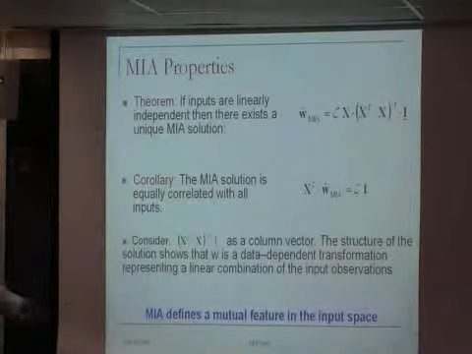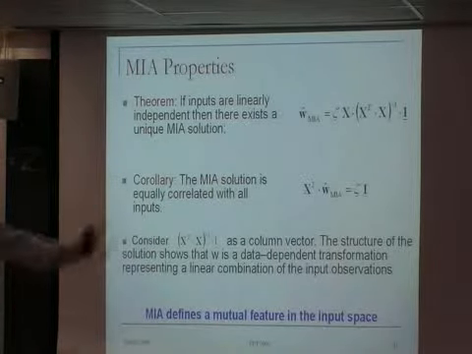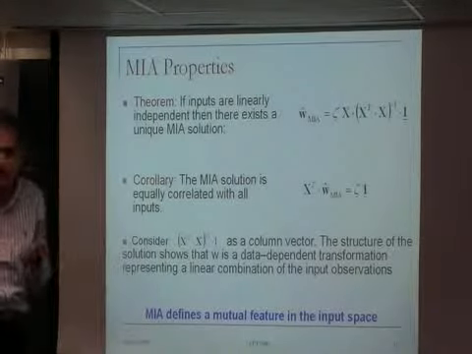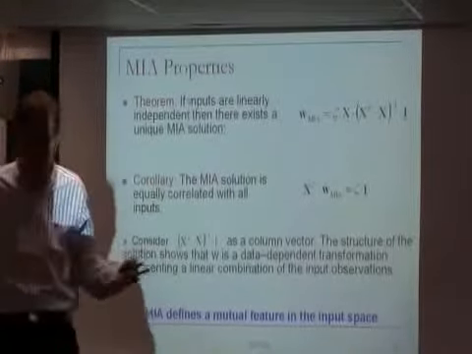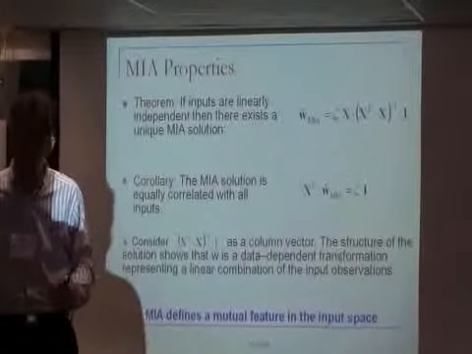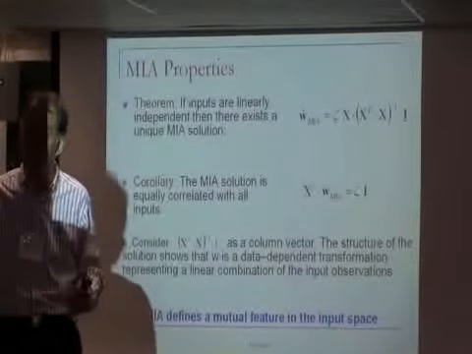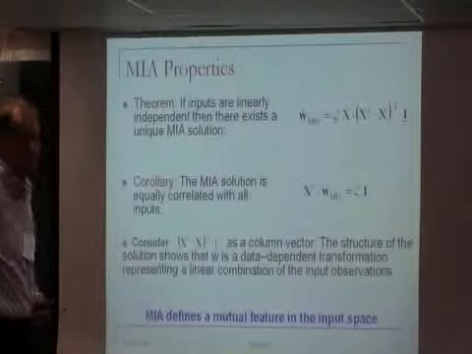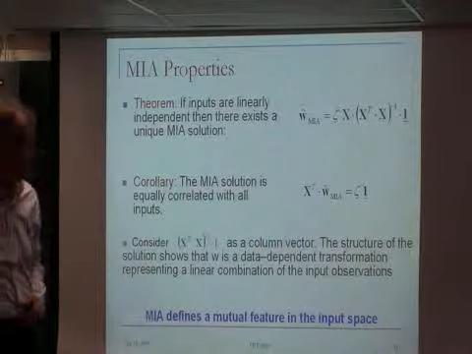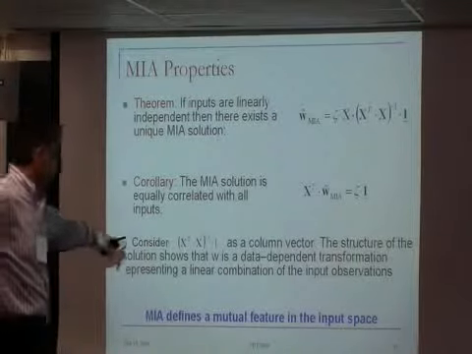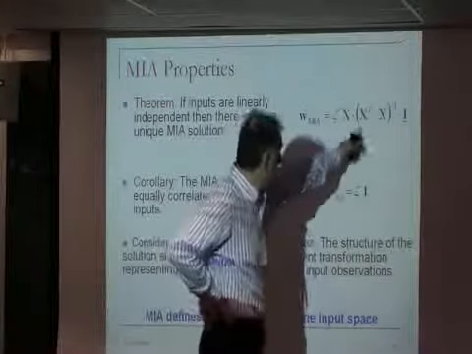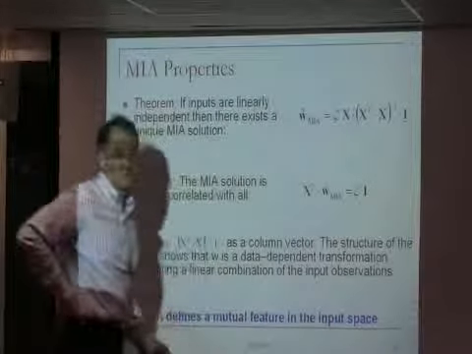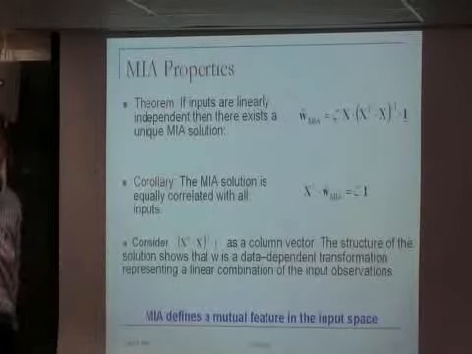So what does this tell us? That the solution W of MIA is equally correlated. So basically we found something that's a very, very simple criterion. Equally correlated with all the inputs, and also it is in the span of inputs. Right? Well, now a Gram matrix times that is just a constant vector.